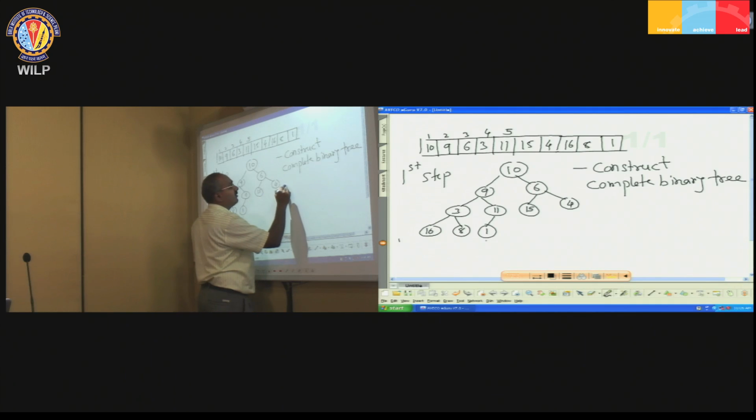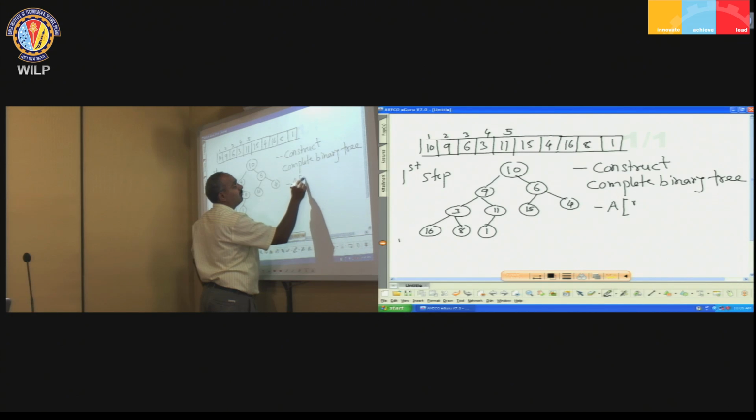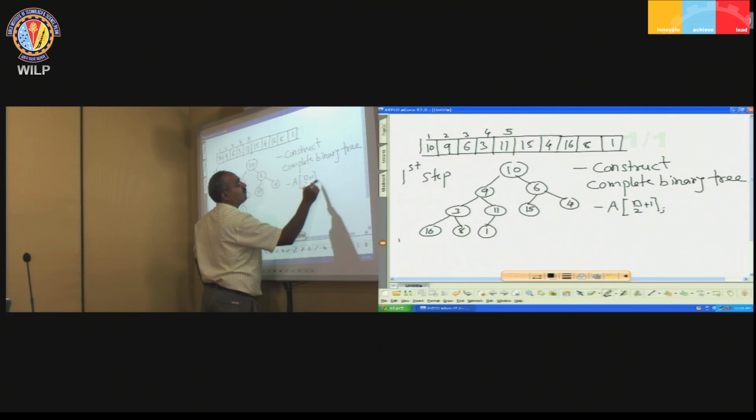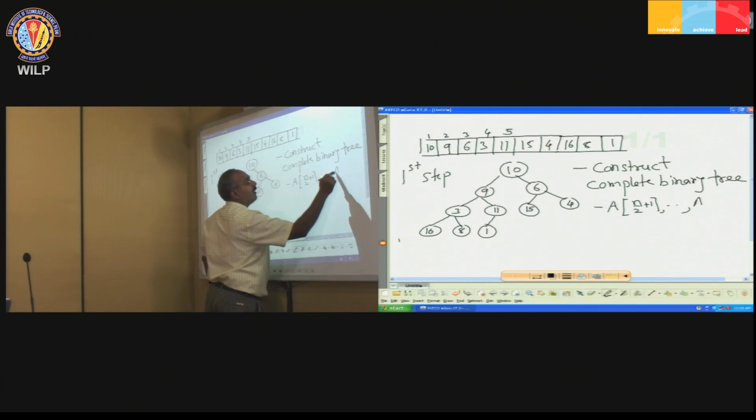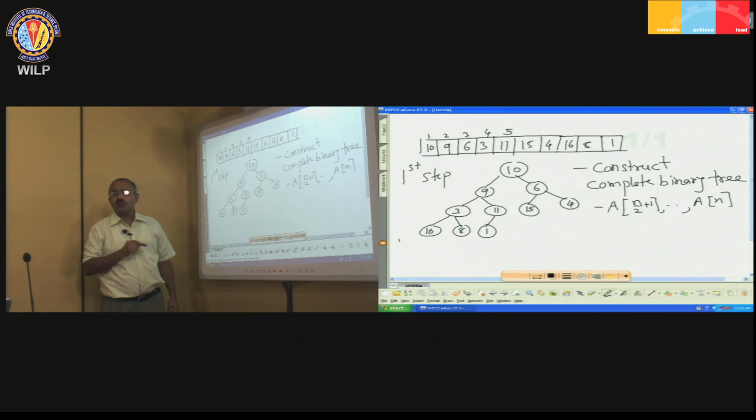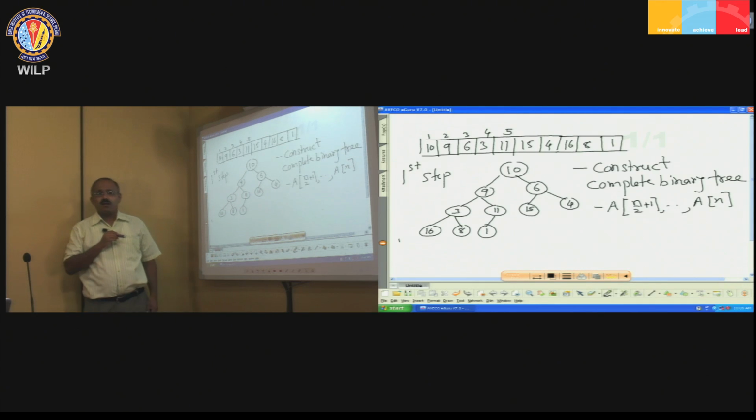So what do I know is, from this array all the elements from n by 2 plus 1 to a n. Let me assume n is even. If n is not even, one can replace this by the floor of n by 2, so not much changes.